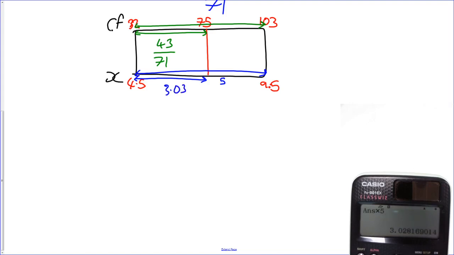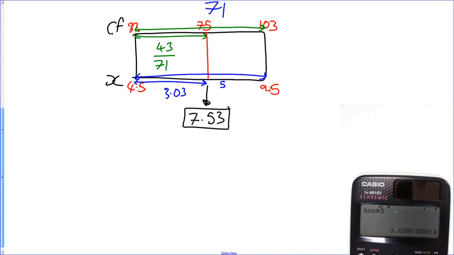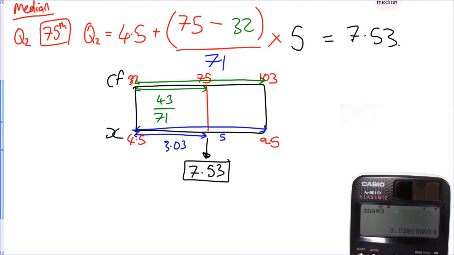So we're 3.03 along our class, and our class started at 4.5. So this value here is actually 7.53, which is exactly the same answer we got for our previous method.